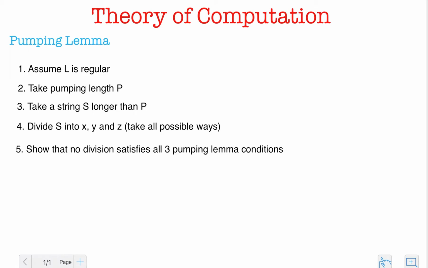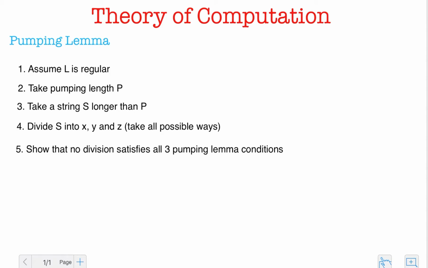And finally the last step is to show that no division of S into X, Y and Z can satisfy all three of my pumping lemma conditions. The first was that the length of y needs to be greater than 0. The second was that x, y to the power I, z should belong to L for any I. So if I can find even a single I for which x, y to the power I, z does not belong to L, that's fine.